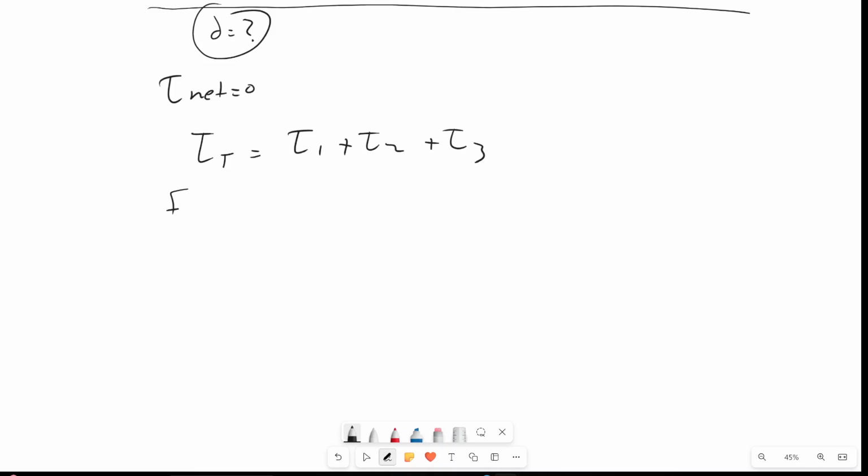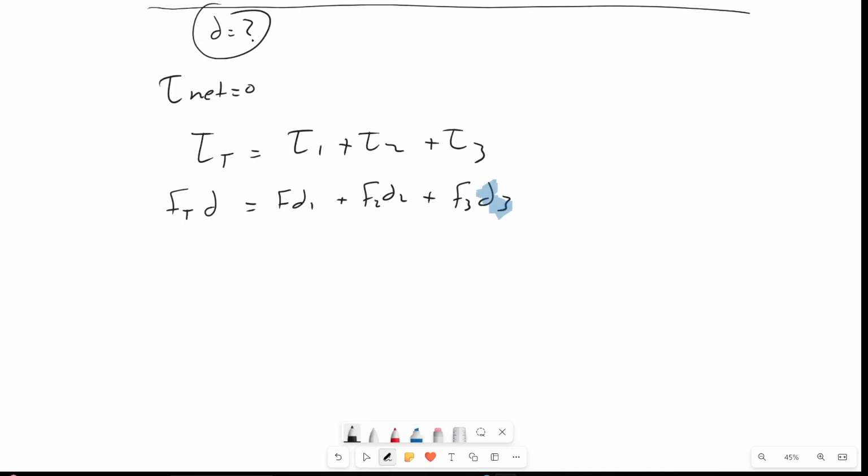Torque 1 is Ft multiplied by the distance of the string. F1 will be torque 1, F1 d1. That's from the board. Torque 2 will be F2 d2, from the second mass. And torque 3 will be F3 d3. Which one don't I know? D3. This is what I want to find.